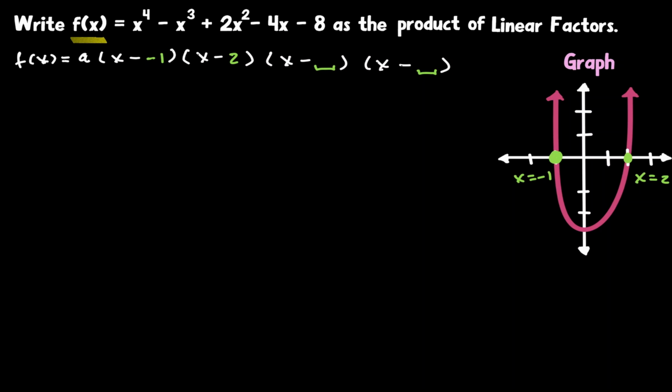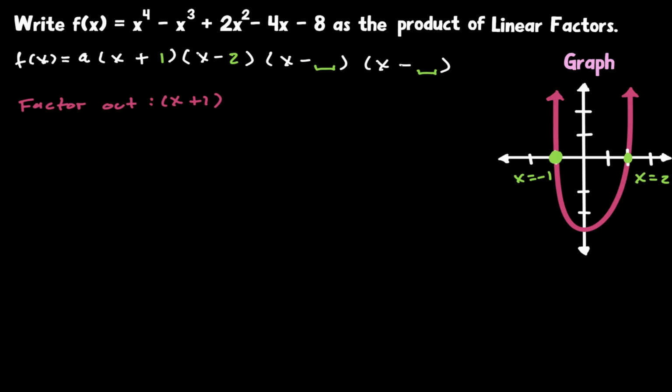So let's see what happens to this polynomial when we factor out x plus 1 and x minus 2. But let's do it one at a time. Let's factor out x plus 1. And I'm saying x plus 1 because here we have minus a minus, which is a plus. So let me actually change that to a plus.